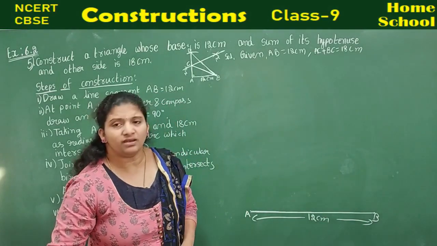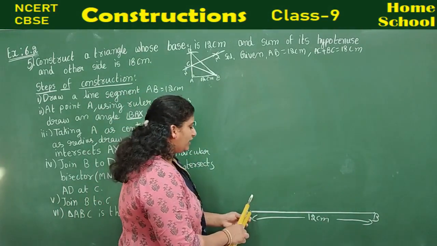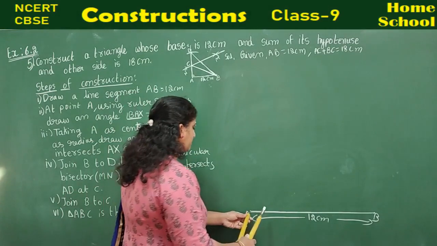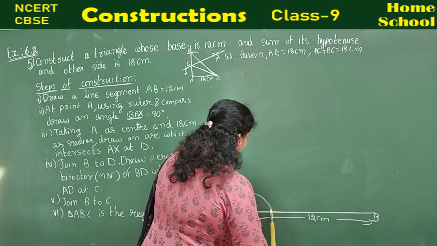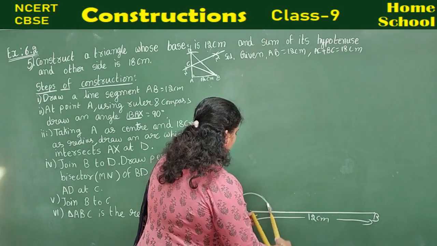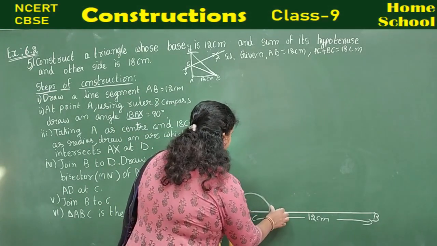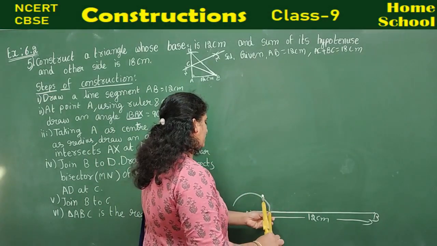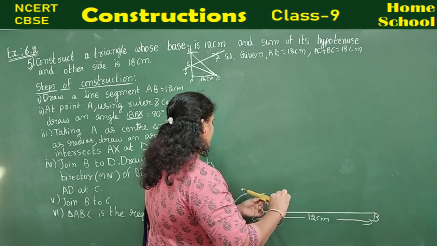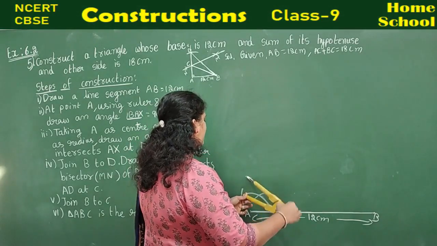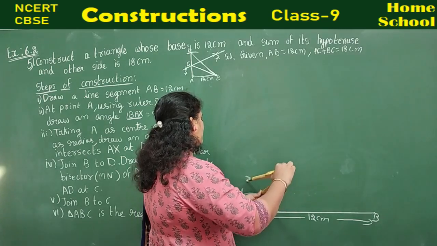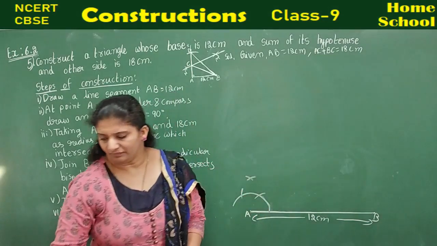With one end point as center, construct 90 degrees. With a convenient radius, draw an arc. And now 60, 120. Now between 60 and 120, half is 90.